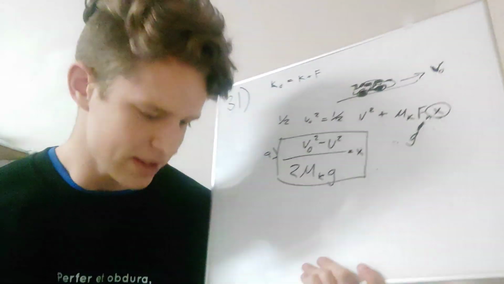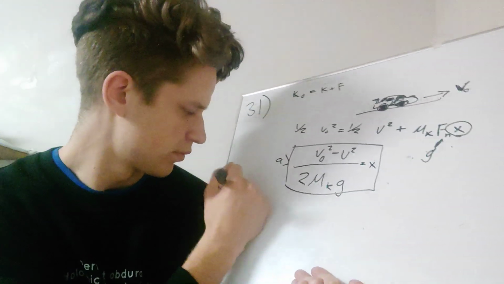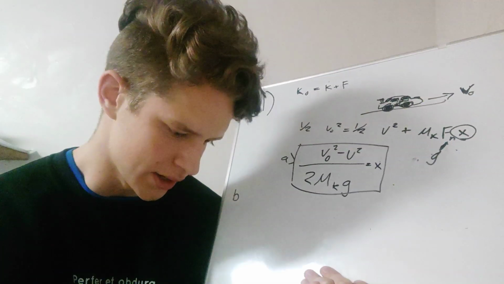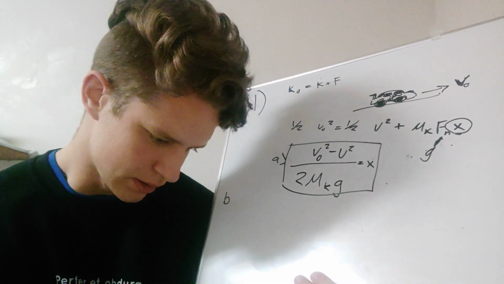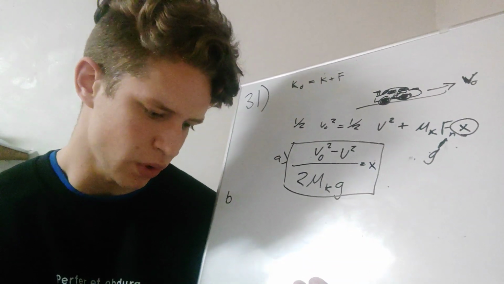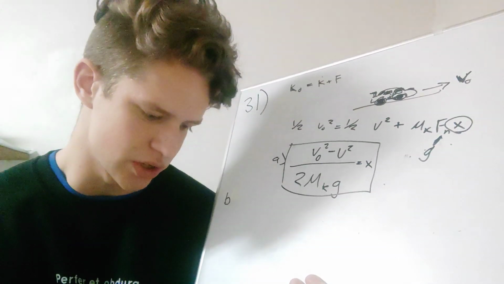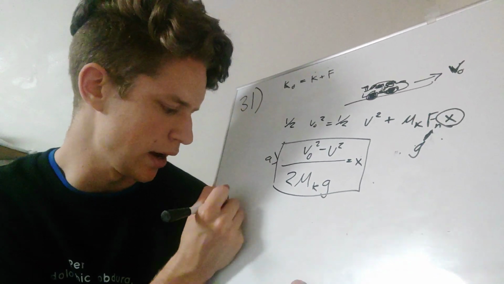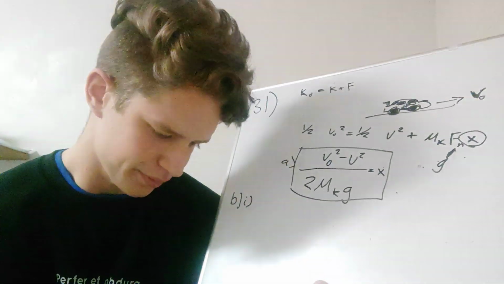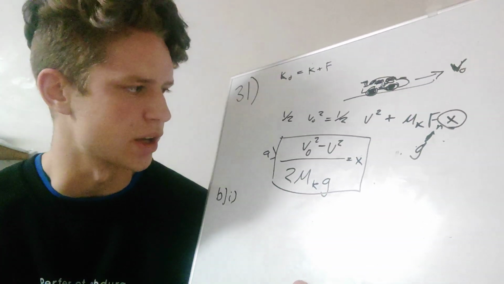Okay. And then for part B, it asks us, by what factor would the minimum stopping distance change if the coefficient of kinetic friction were doubled?